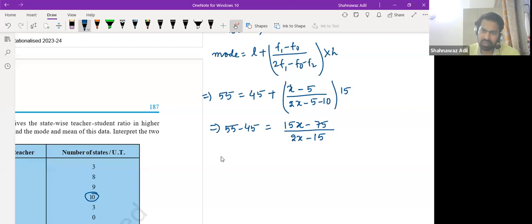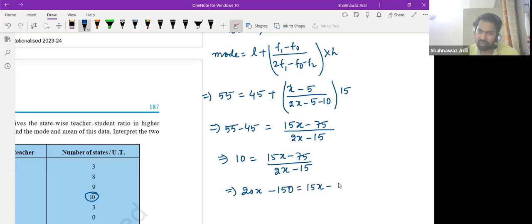So this is how much? This is 10, and this is 15x minus 75 divided by 2x minus 15. So this is 20x minus 150, 15x minus 75.